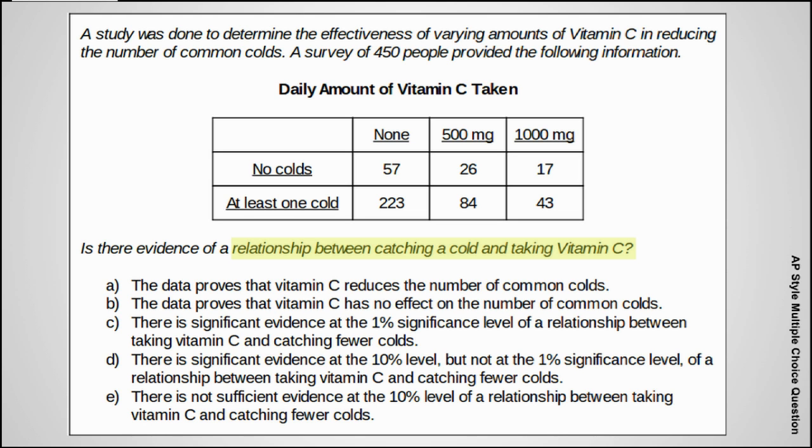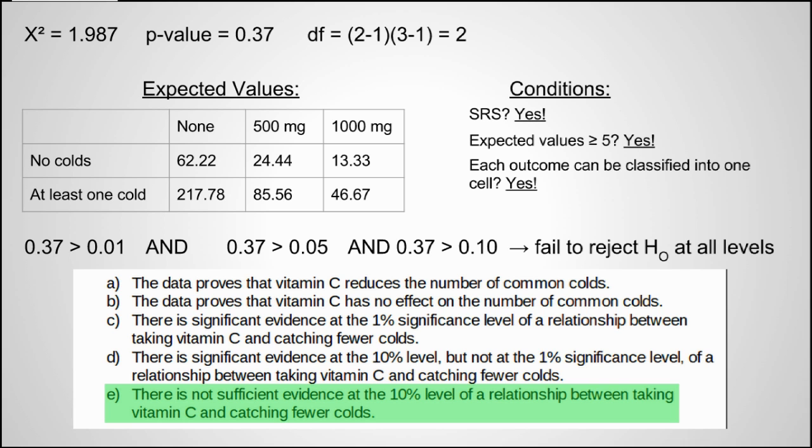Obviously I will do a chi-squared test of independence because it says relationship in the problem and I'm given my two-way table. My chi-squared for this was 1.987, a p-value of 0.37, degrees of freedom of 2, and my expected values.